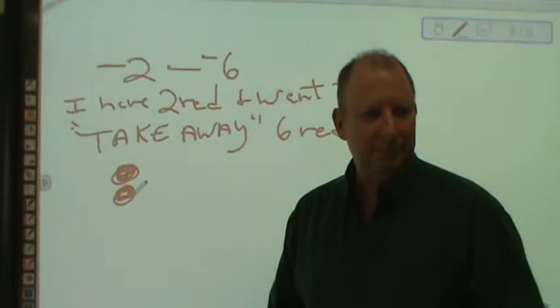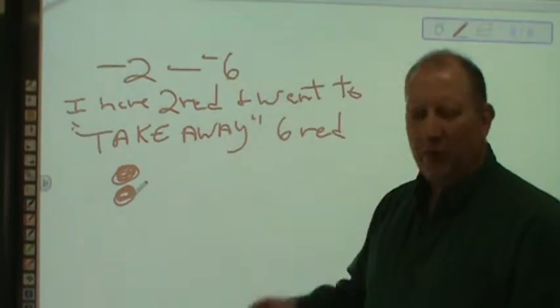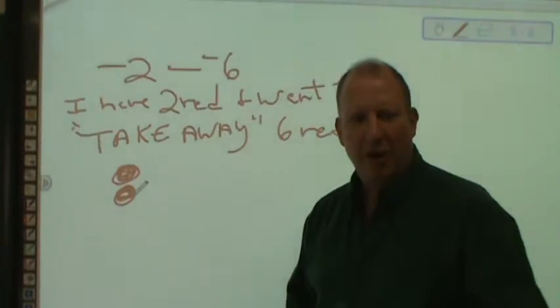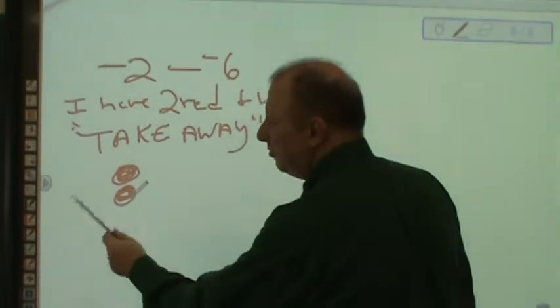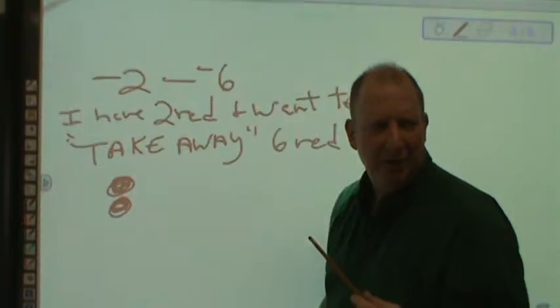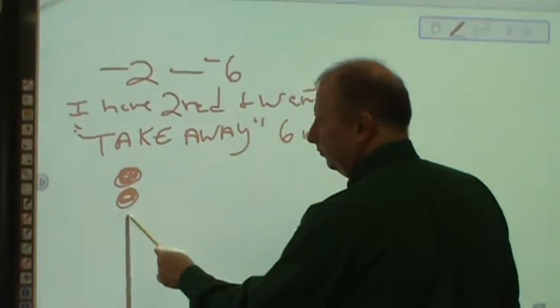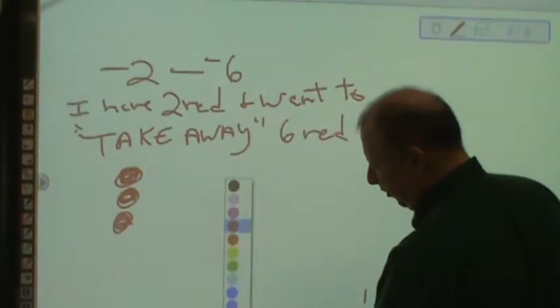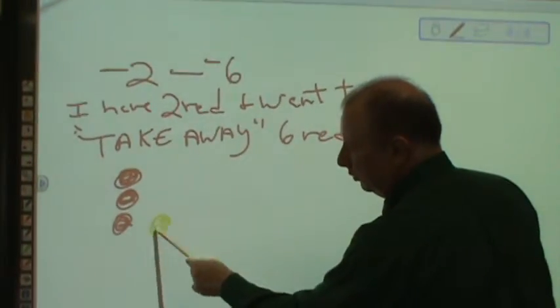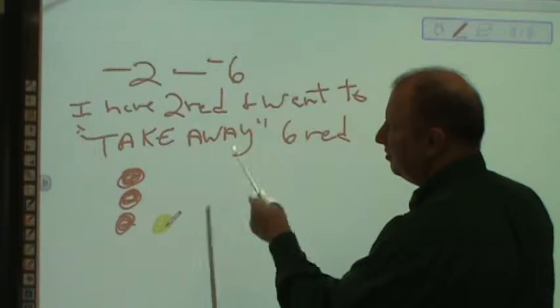I cannot take away 6 red, can I? So what I'm going to do at this point in time is look to see how I can take away. Let me add 0 to each of these. Well, if I add a 0, I can't take away 6 yet.